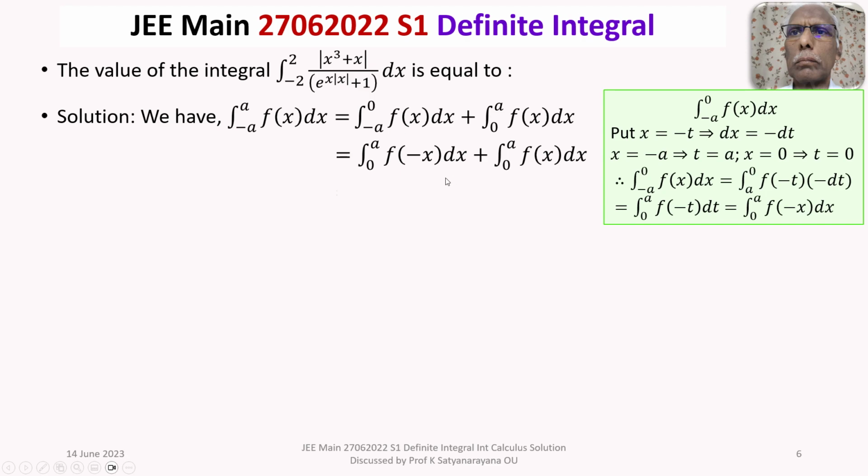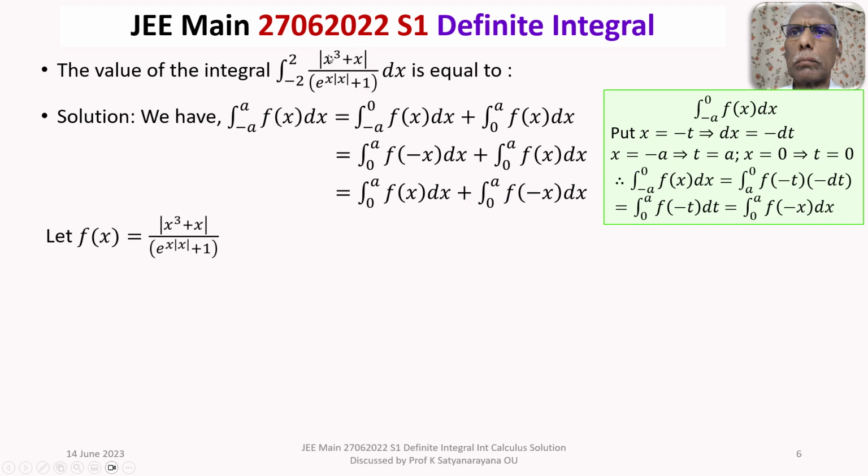So the above one is equal to integral 0 to a f of x dx plus integral 0 to a f of minus x dx. Agreed? And let us say f of x is the given integrand. The integrand is mod of (x cube plus x) by (e power x) (mod x plus 1).